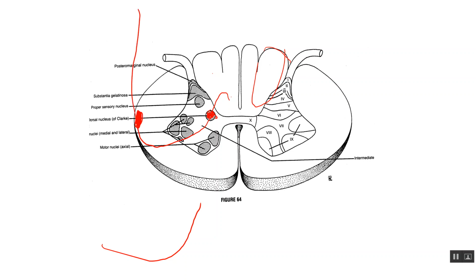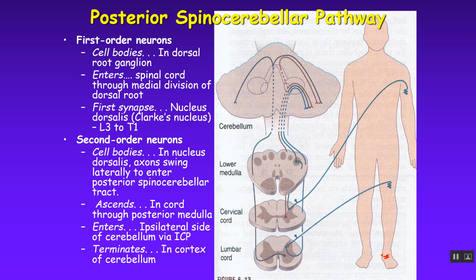Then that just stays in this posterior spinocerebellar tract all the way up through the brainstem into the inferior cerebellar peduncle into the cerebellum. Notice though that it all stays on the same side. It's ipsilateral, never crosses. So the left side of the cerebellum is bringing in information from the left side of the body.